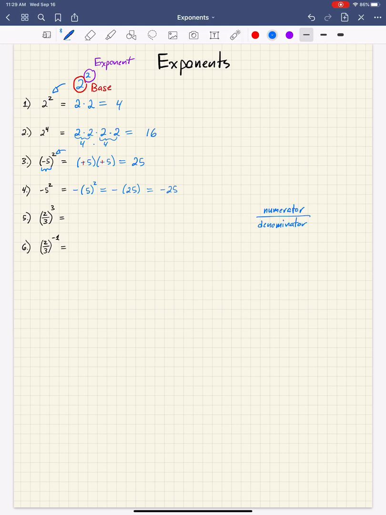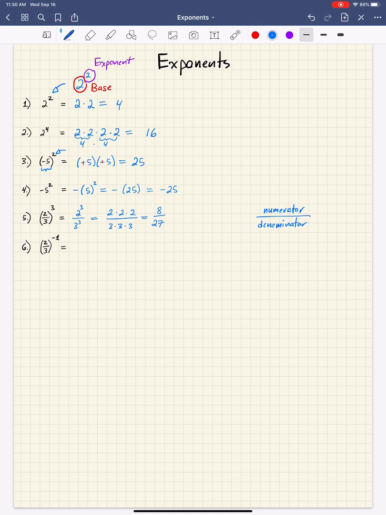So here for problem number 5, this is the same as saying we're going to raise 2 to the power 3. We're going to divide that by 3 to the power 3. This is the same as 2 times 2 times 2 over 3 times 3 times 3. And then we get 8 over 27.